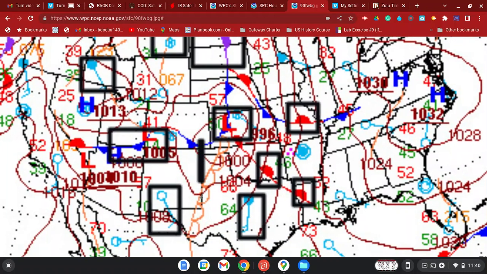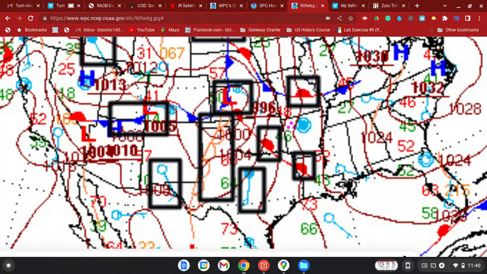Well, being it's on here, this line that's brownish with little half circles on it goes all the way down here into Texas. That's a dry line. A dry line is not a front. It acts as though it is a low, but it's not a front.